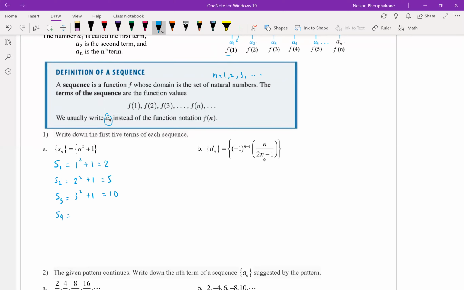And s of 4 will be 4 squared plus 1, which is 17. And then s of 5 will be 5 squared plus 1, which is 26, right? Yes, this is exactly the idea of how we could create the sequence if we have the function. Okay, so now it is your turn.